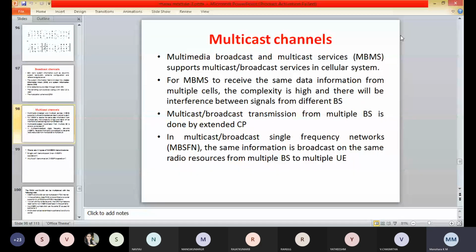So here in the LTE, multicast transmission from multiple base stations can be done over the air using OFDMA transmission with the extended CP.